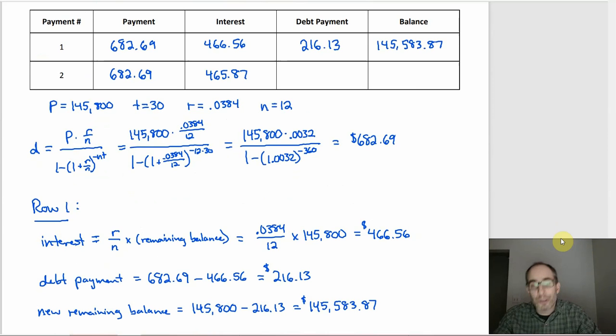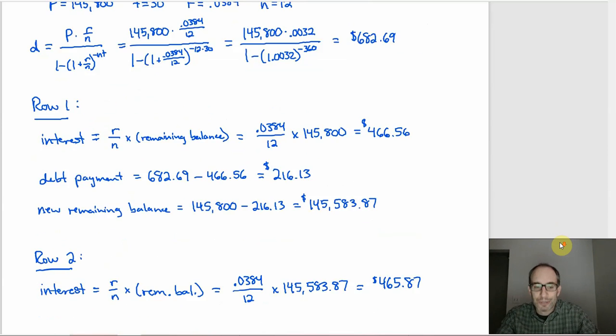465.87. And something that should work as a safeguard a little bit is the amount that's paid toward interest should go down as you go through the periods, right? So that makes sense that that's a little smaller than the one that we had for the first period. And then the debt payment should be a little bigger, right?